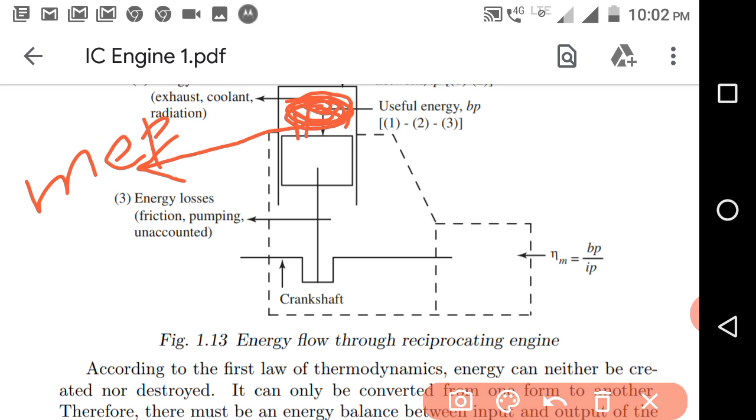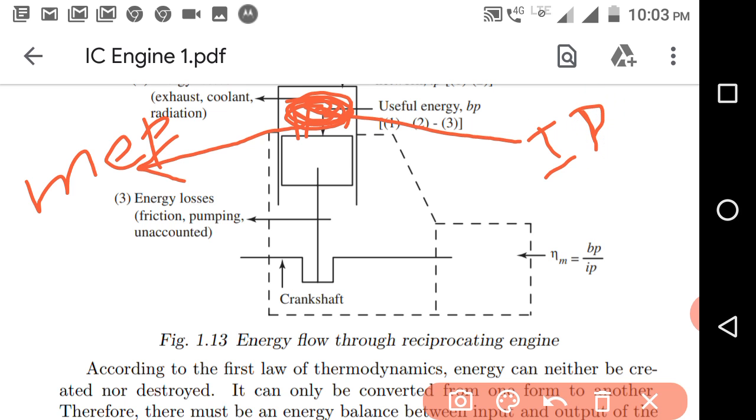So inside the cylinder, when heat is generated and pressure acts, power is produced, and whatever power is produced inside the cylinder, we call the indicated power.